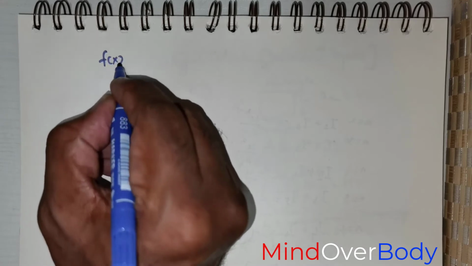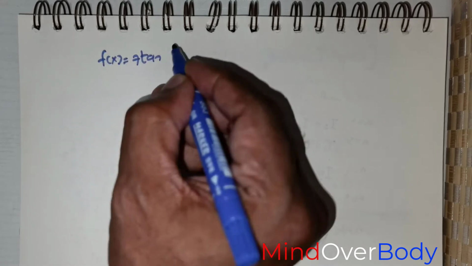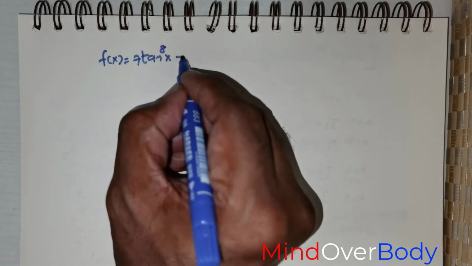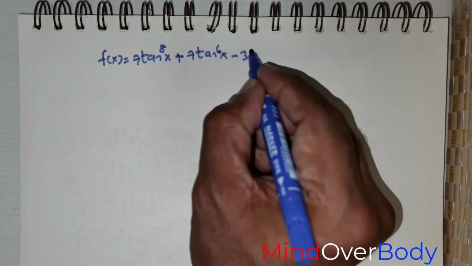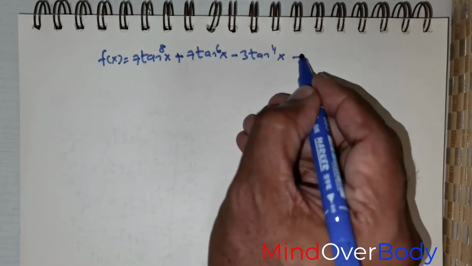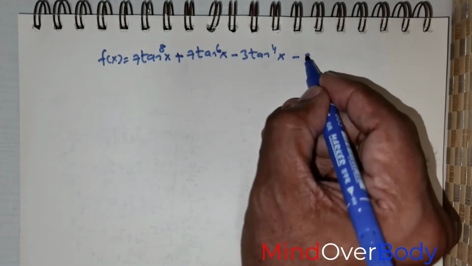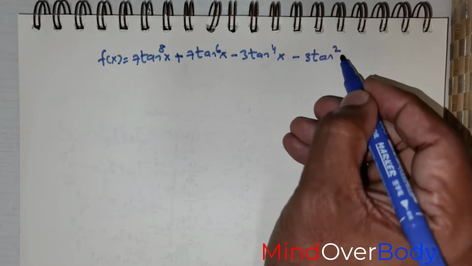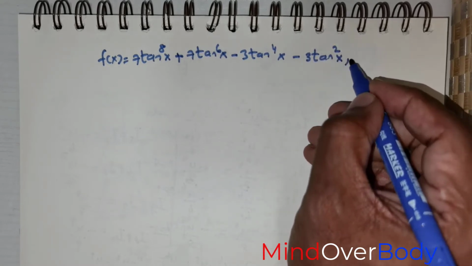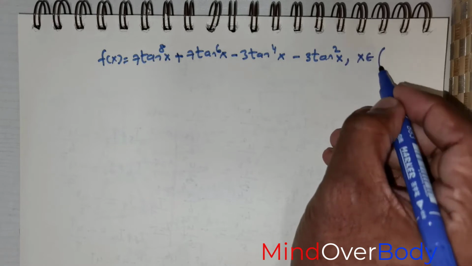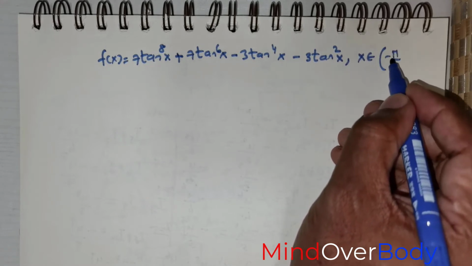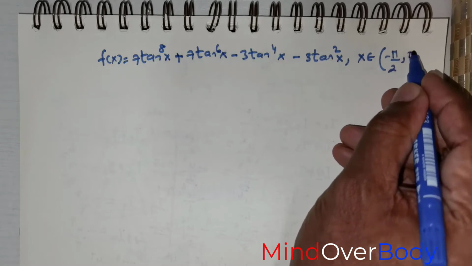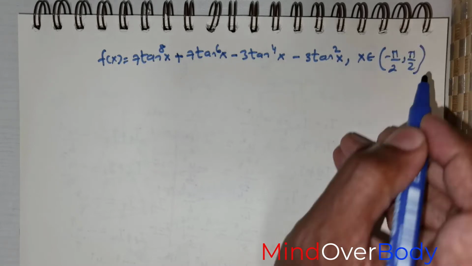Students, we are given this question. f(x) is equal to 7 tan^8 x + 7 tan^6 x - 3 tan^4 x - 3 tan^2 x, and x is given to be an element present in the interval (-π/2, π/2).